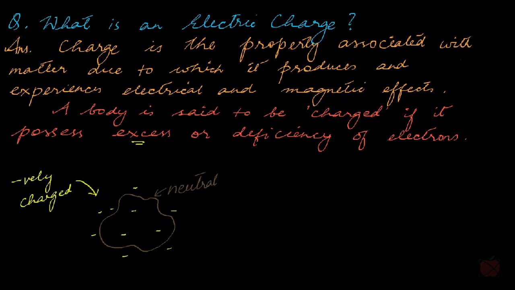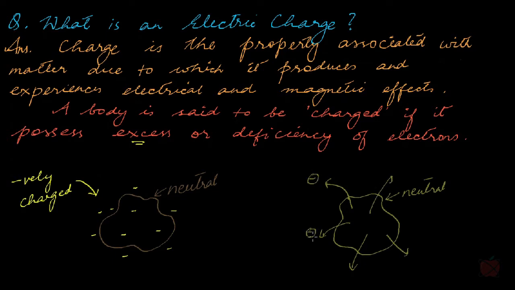Okay. So similarly, if I have another body, and again this is initially a neutral body. Now if I take out electrons from this body, let's say I take out 5 electrons from this body.